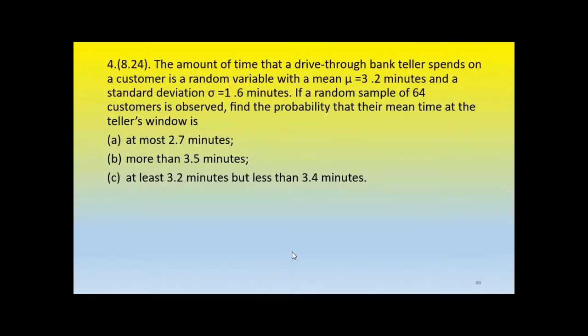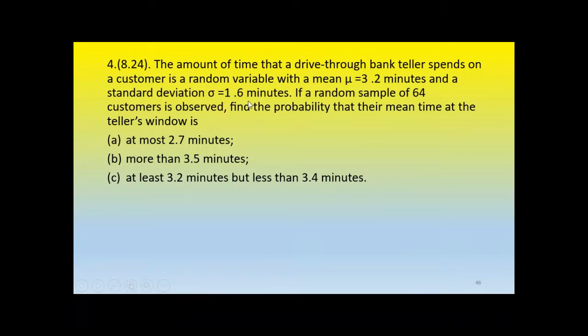Problem number 4. The amount of time that a drive-through bank teller spends on a customer is a continuous random variable with mean 3.2 minutes and the standard deviation sigma equal to 1.6 minutes.